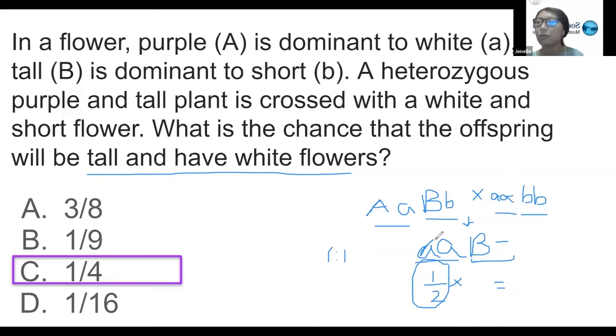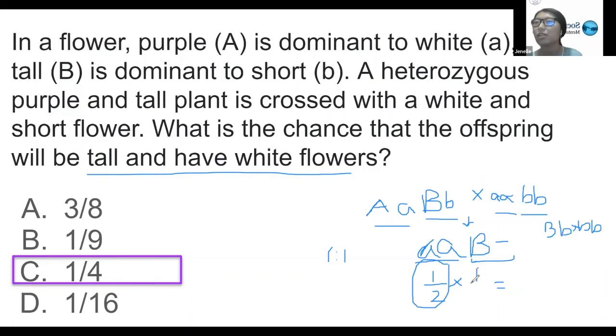And so that's why you get a 1/2 chance of first getting this little a. And then the next part we want to determine is what is the chance that you would have tall. So from this, because there is no other big B somewhere else, you would do the big B times the little b, and actually it would be the same cross as before.